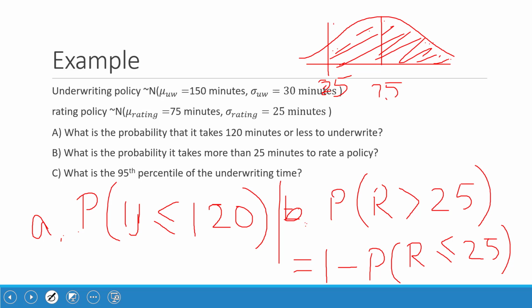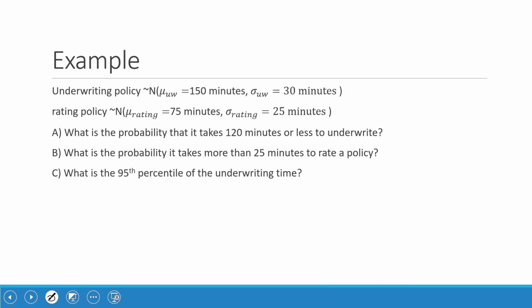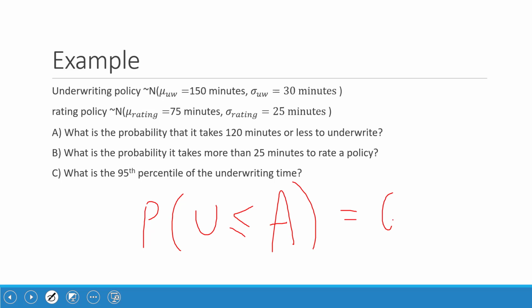Now the third question is asking what is the 95th percentile of the underwriting time. So basically it's asking what is that value, let's call it capital A, which gives the area under the curve to be 0.95, right?